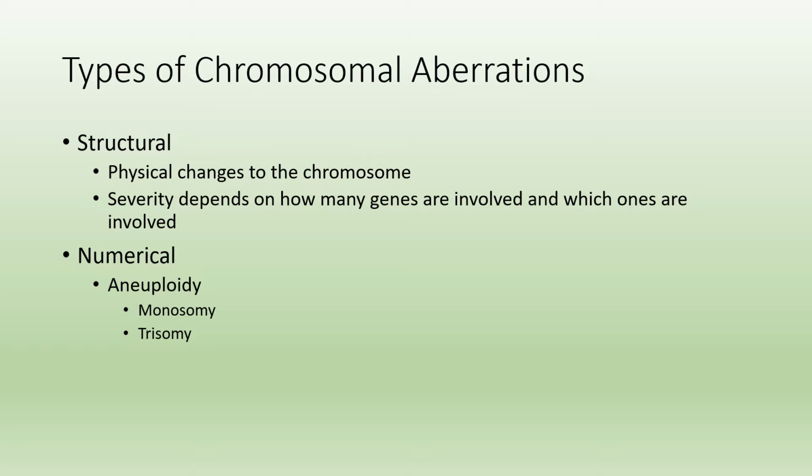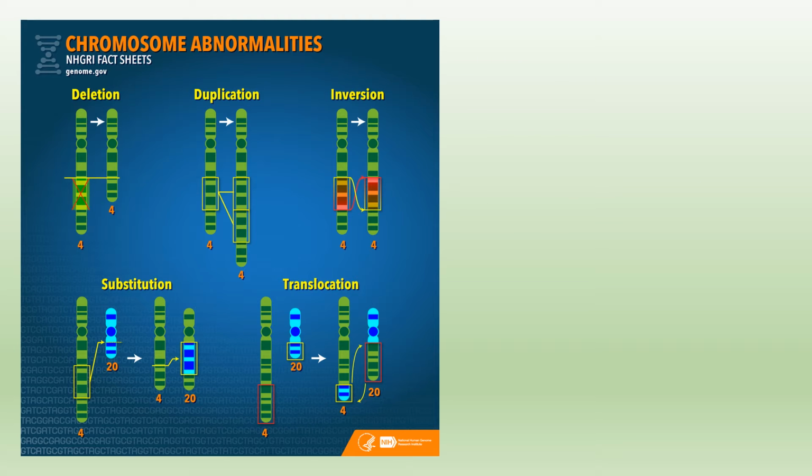We can also have what are called numerical aberrations, where instead of having two copies of each chromosome, you have a condition called aneuploidy, where you have either one copy of a chromosome or three, or sometimes more copies of a chromosome.